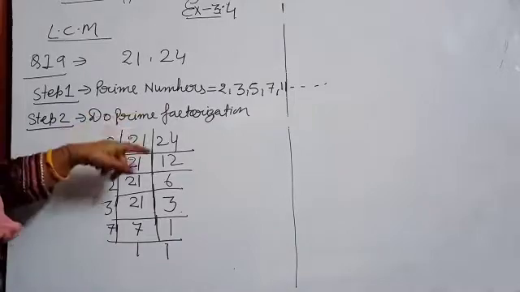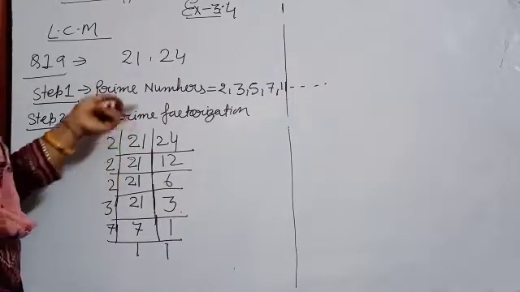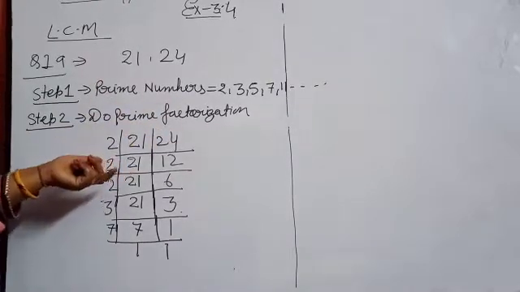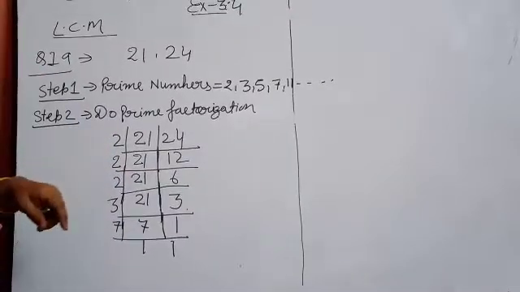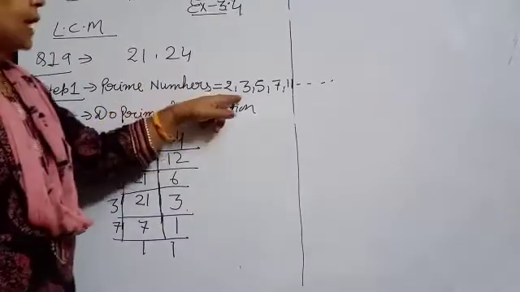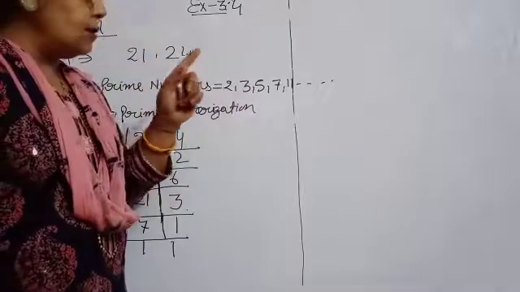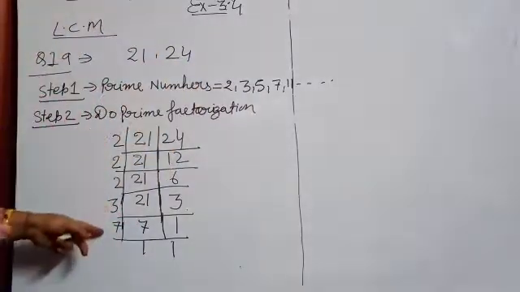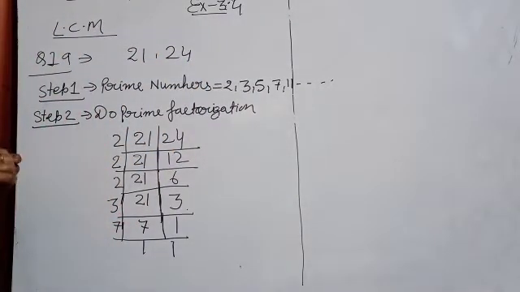If by one number further division is not possible, then move to the next prime number, but not to a composite number. Many children select composite numbers. In the previous class I taught you all types of numbers, again one more time.